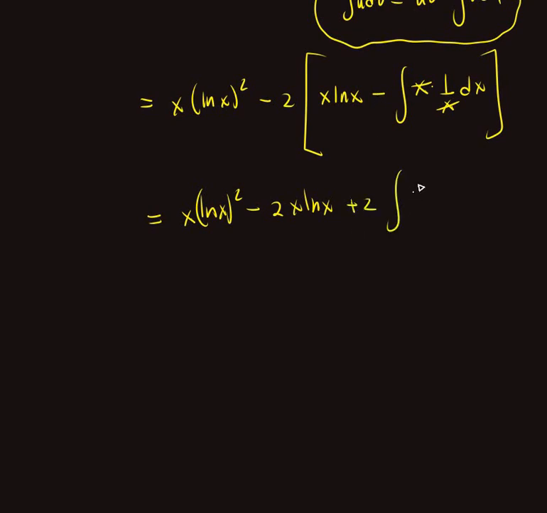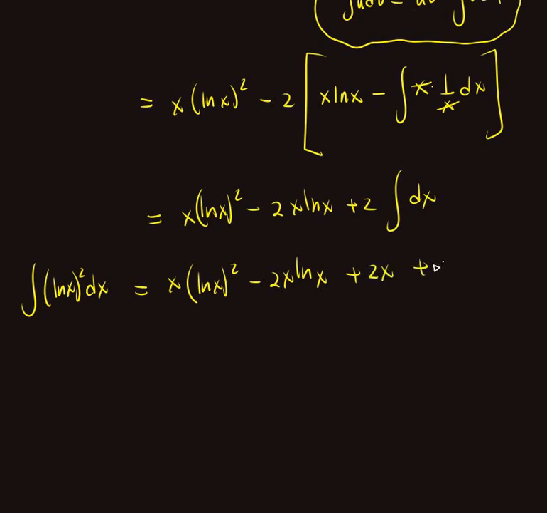The integral of dx is going to be x. So at the end, the integral of natural log of x squared dx is equal to x natural log of x squared minus 2x natural log of x plus 2x plus c. Don't forget the constant of integration.